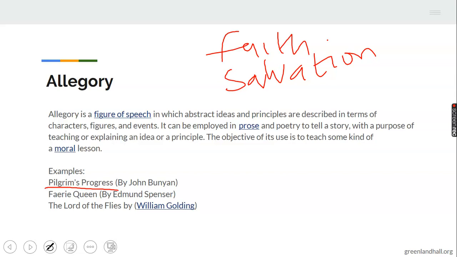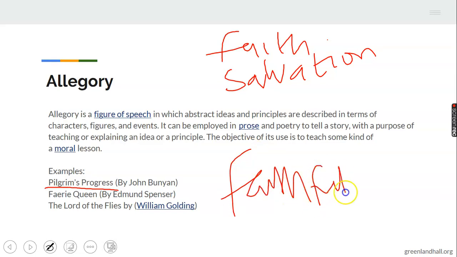There were characters called Faithfulness in the book. They were meant to act like characters, and they acted like characters. They gave characters to some virtues. So that's what an allegory is.